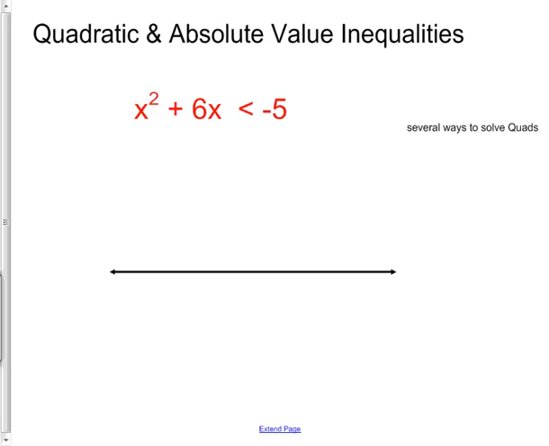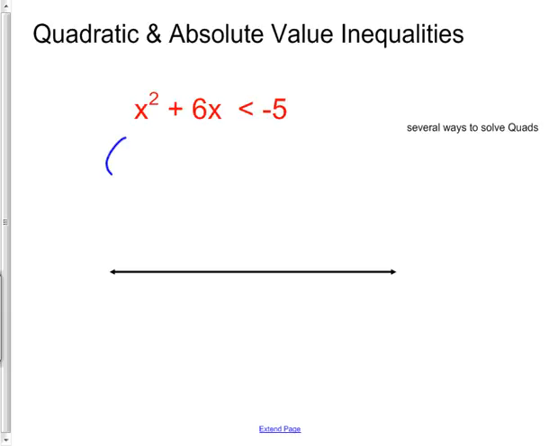Now, today is similar, but different. Would you please write down the problem that you see in red on the board there? This says quadratic and absolute value inequalities. This one's a quadratic. Now, you may recall that there are 3 major ways we've been solving quadratics. There's actually 4, but there's 3 ways that we talk about a lot.